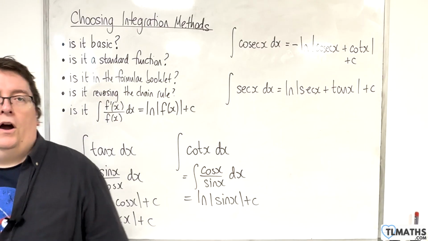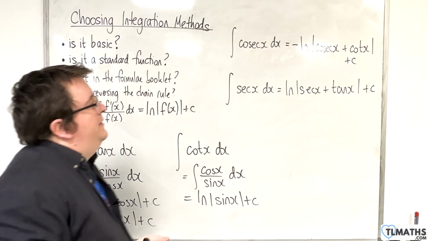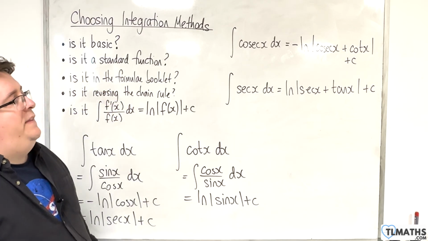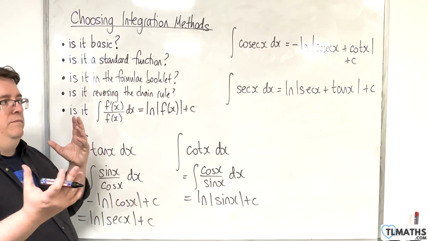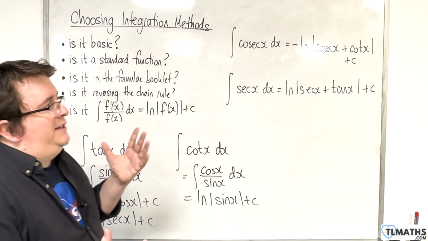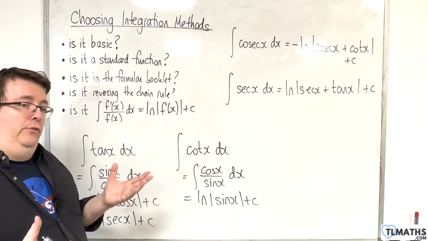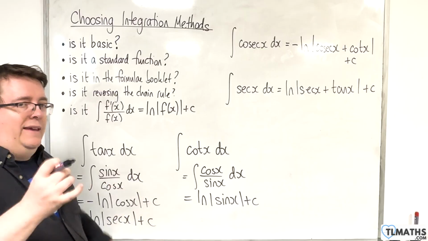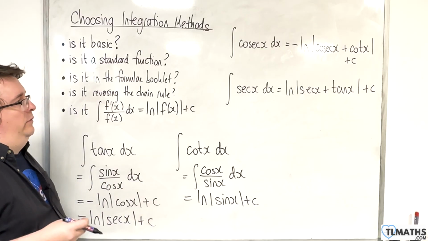Okay? I would anticipate that if they were to be used in the exam, then they're going to be used in Edexcel. So it's likely you would just have to use those results that are in the formula booklet, okay. So keep an eye out for those.